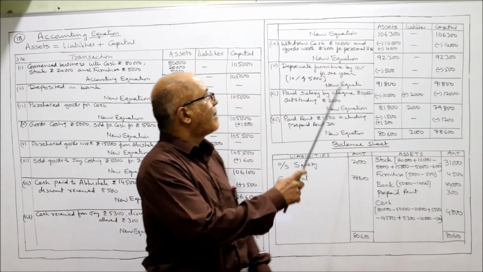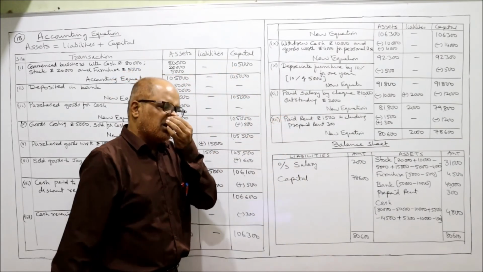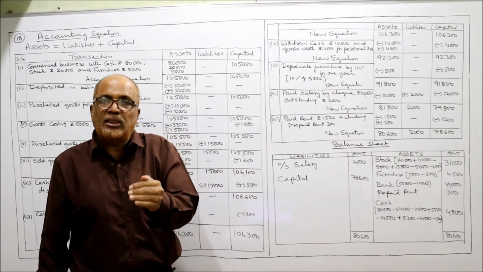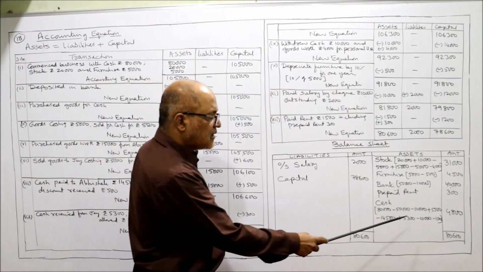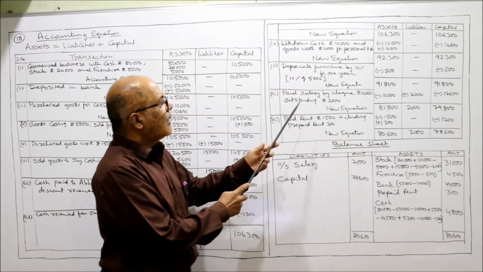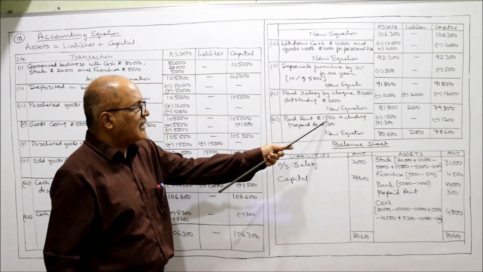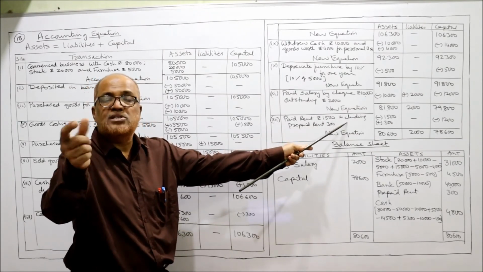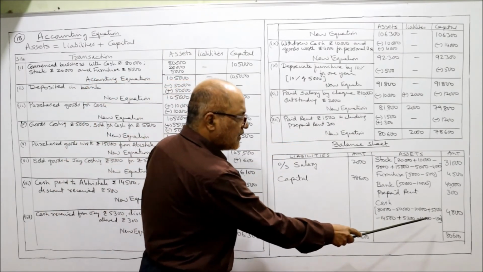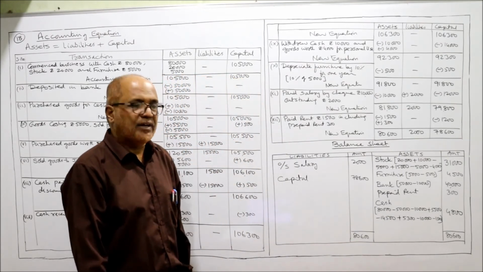Now here, withdrew cash 10,000. The owner has withdrawn the cash for personal use. So cash is going out, minus 10,000. Last one. Paid rent 1,500. This 1,500 rupees is paid in cash. So minus 1,500. Over.